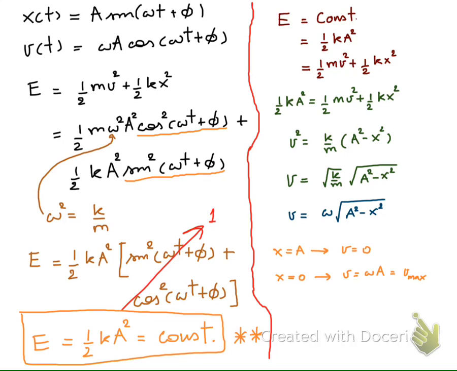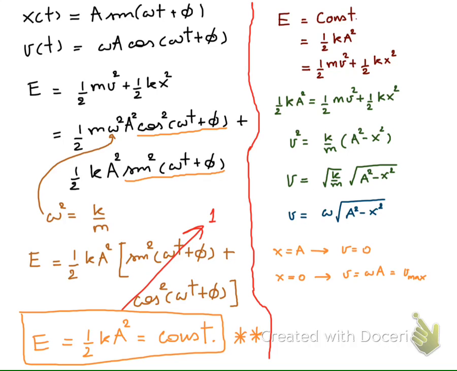v, right? Because if we look at the term in the square root, you can see that the maximum value can be achieved when x is 0. If x is negative, the square of x is positive. So the minimum value of x square is 0, and the maximum value of the term in the square root is a square.